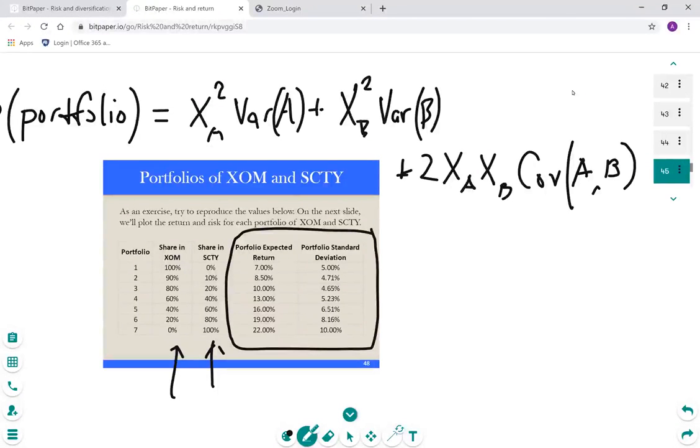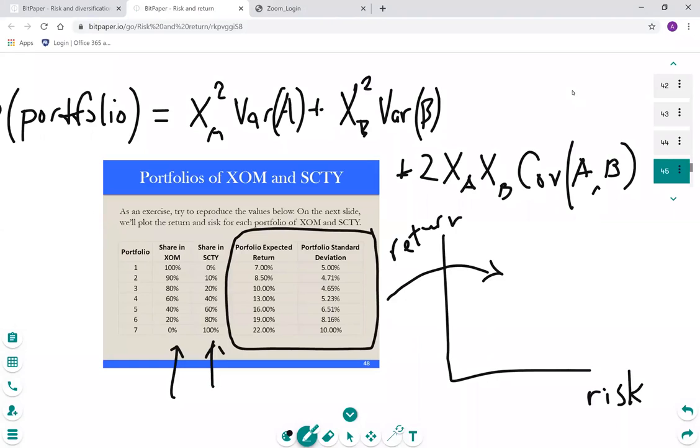We have return, we have risk, and we have exactly those two parameters in this table here, in this square box I've drawn. We can actually take those and plot them out in a two-dimensional plot.